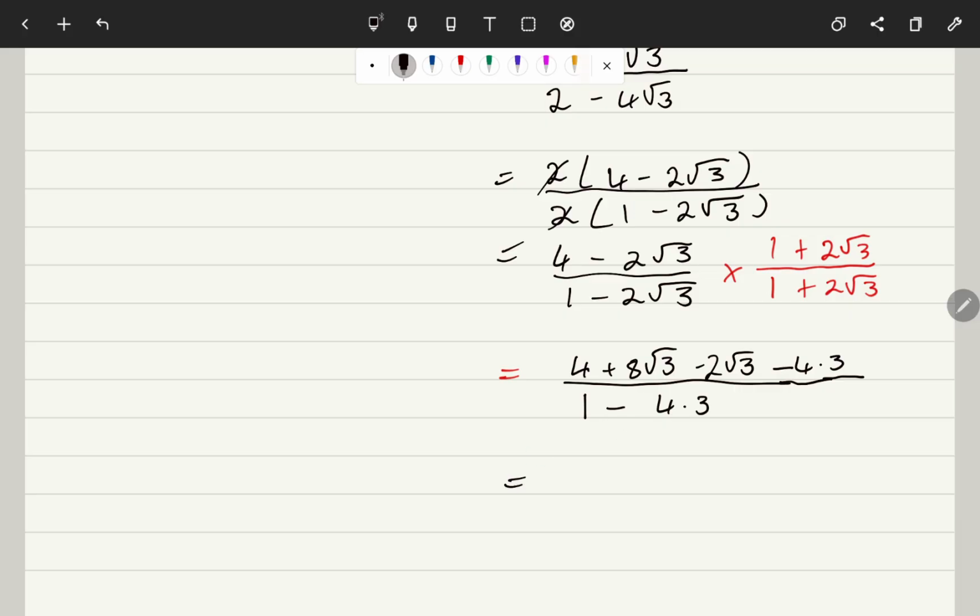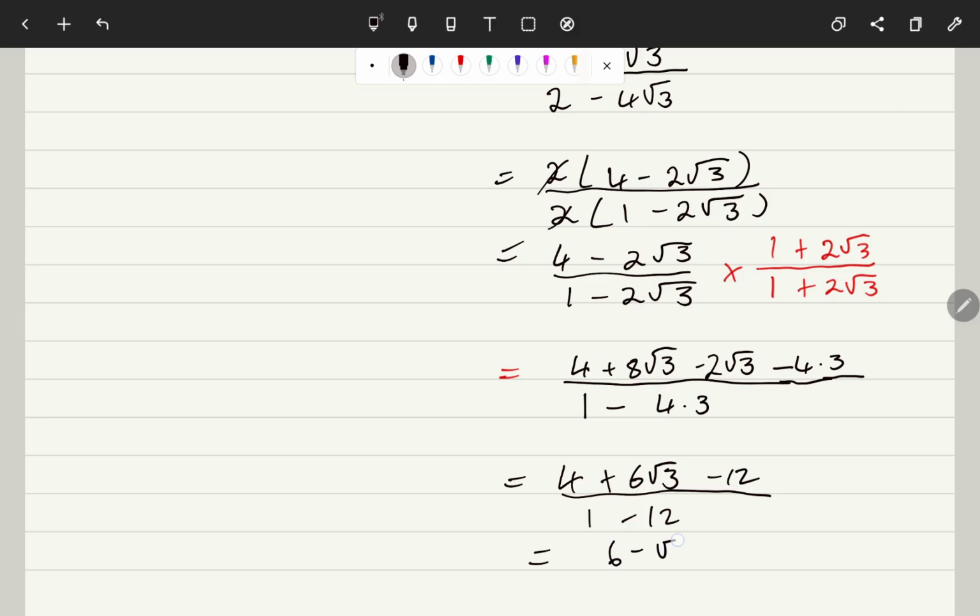So okay, 4 plus 6 root 3 minus 12. I have 1 minus 12. Then I have 6 root 3, oh no, what am I doing? It's root 3. Then that's gonna be minus 8. 4 minus 12, that's minus 8. And this is minus 11.